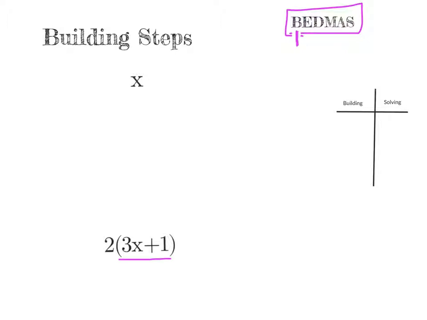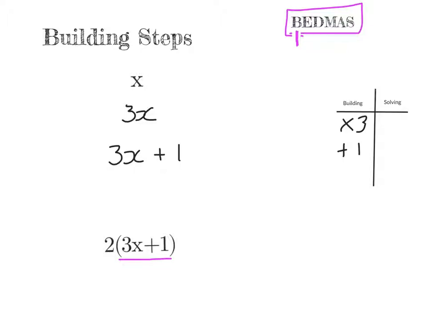D for division and M for multiplication, yes, there is a times 3. So the very first thing to happen to x in this equation was timesing by 3. So our x turned into a 3x. And the next thing in that bracket is an addition, and it's plus 1. So then our equation became 3x plus 1.